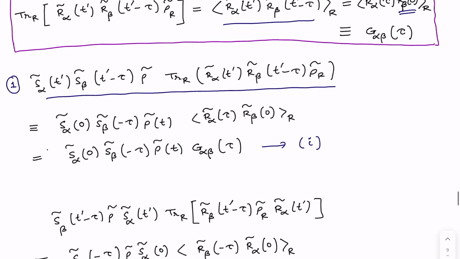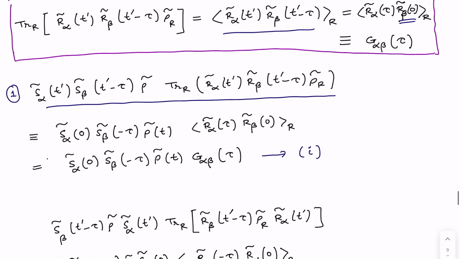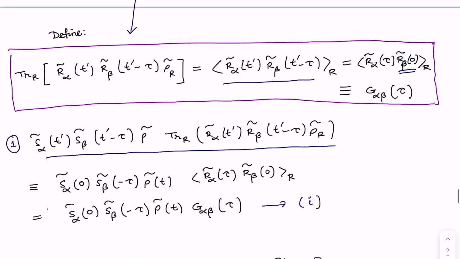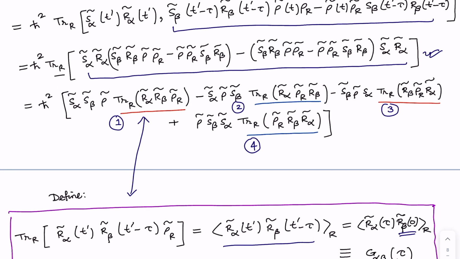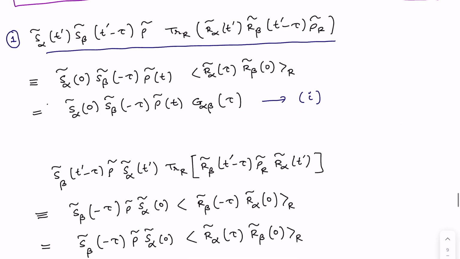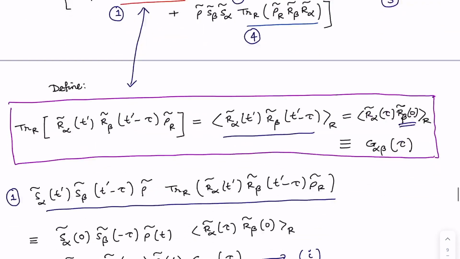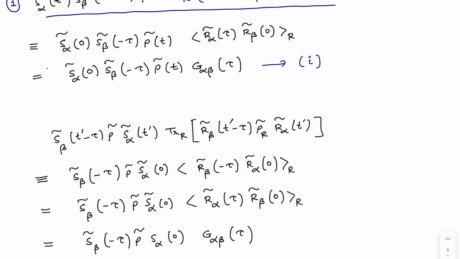Now the next term I am going to look at is this one with S beta. This is term number 3. Again here you see I am putting t dash equal to 0, and then this is the expectation value of the reservoir operators, one at time minus tau and the other at time 0.